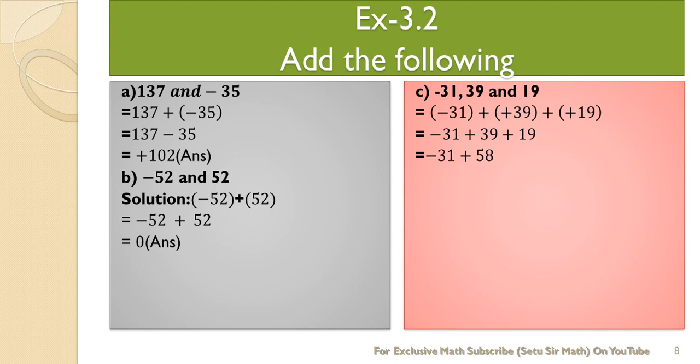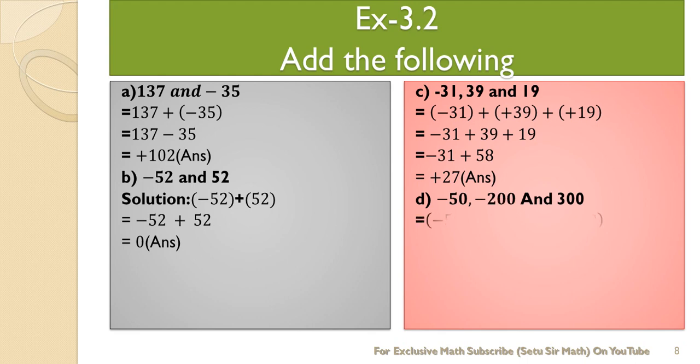So in here minus 31 and plus 58, so plus and minus, that would be minus. So we will subtract 31 from 58 and we will get 27, and the bigger number's sign is 58, in here plus, so the result sign will be plus.